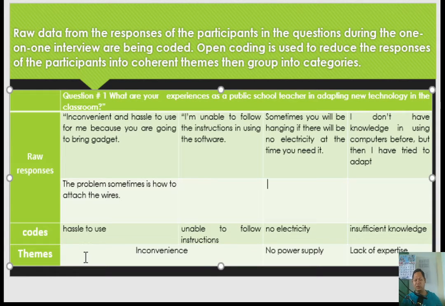So those are the themes. You will use these themes later in your discussion, to elaborate the answers of your participants, what are really their experiences, especially in this adaptation to technology.